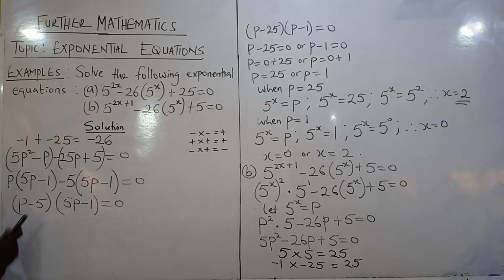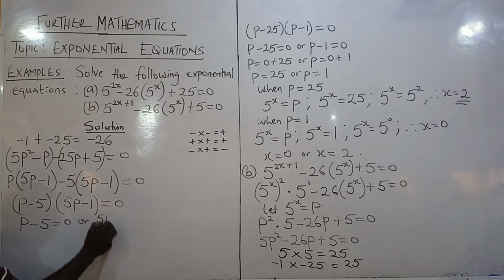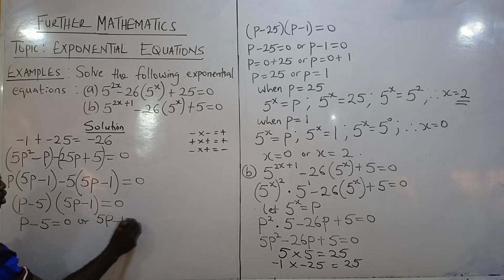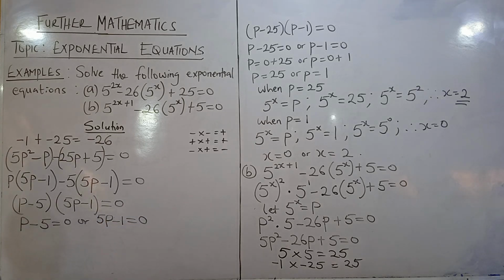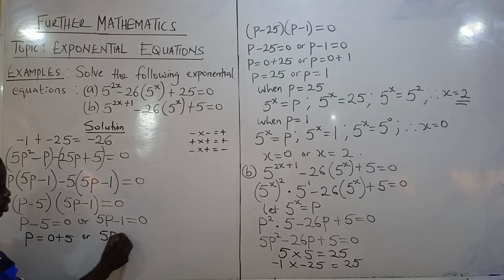Okay, now write that p minus 5 equals 0, or 5p minus 1 equals 0. In this expression, collect the like terms. p equals 0 plus 5, when negative 5 crosses the sign it turns to positive, or 5p equals 1.